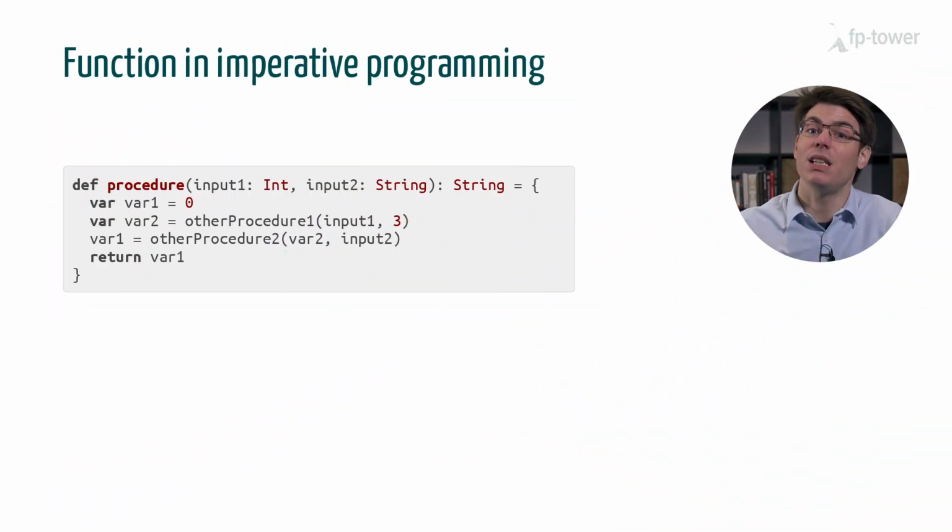For example, in imperative programming, a function is more of a procedure, like a list of instructions to execute sequentially, such as creating or assigning a variable, calling another procedure, or exiting the function. In a sense, we could rewrite any imperative program by expanding all the functions inside it, which will result in a gigantic file with each instruction executing one after another.